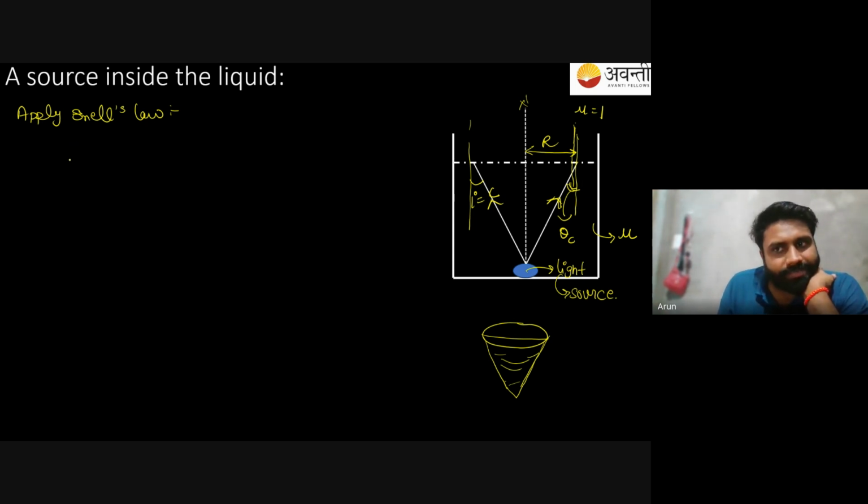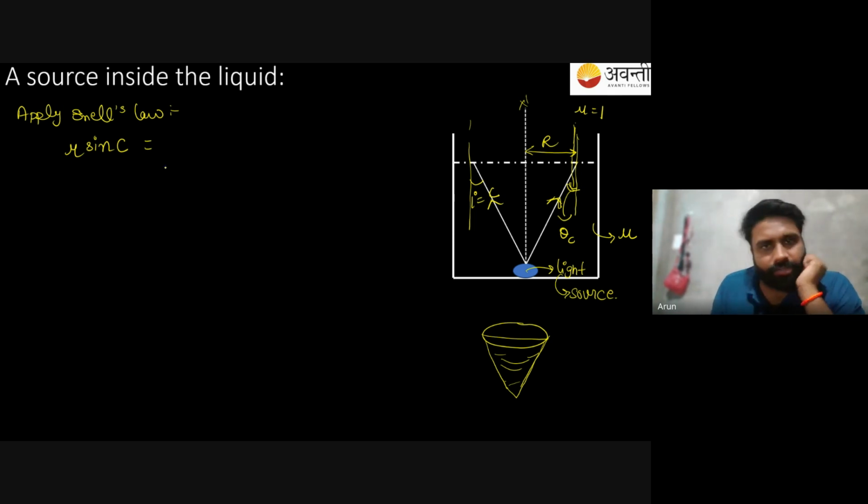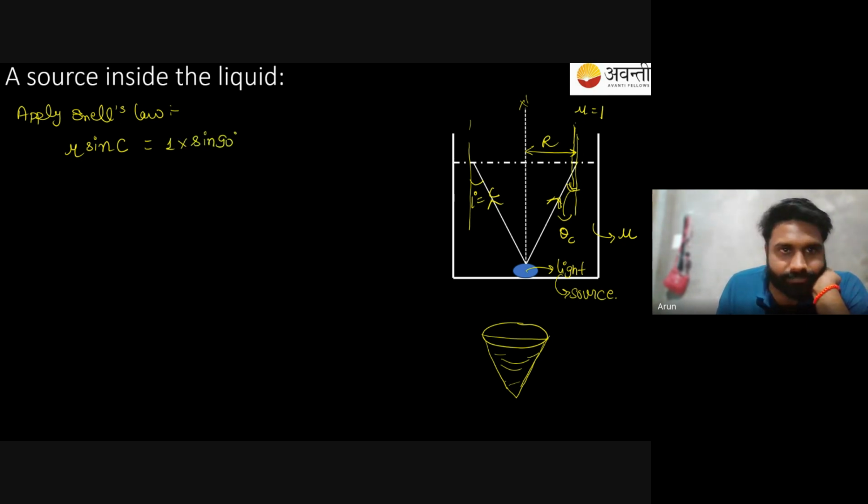It is mu multiplied by sine capital C, where capital C is the critical angle of incidence. You can write it as theta c also, or as C. Mu sine C equals 1 times sine 90. So sine C here is nothing but 1 upon mu. This is equation number 1.